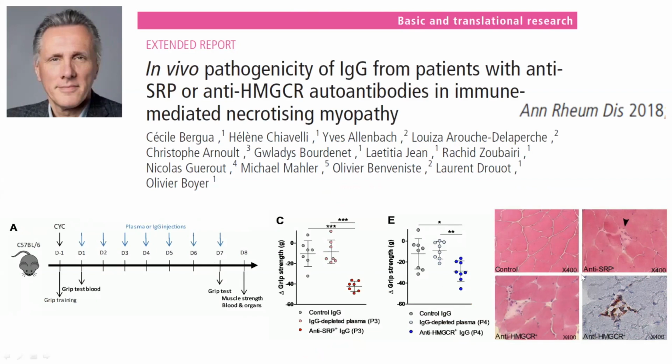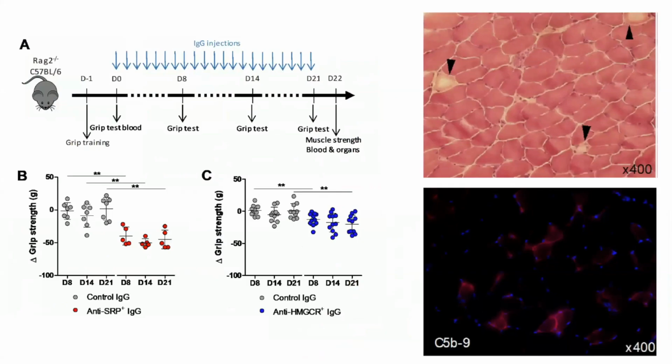This transfer also induces some necrotic fibers, as you can see here in SRP or HMGCR transferred mice.